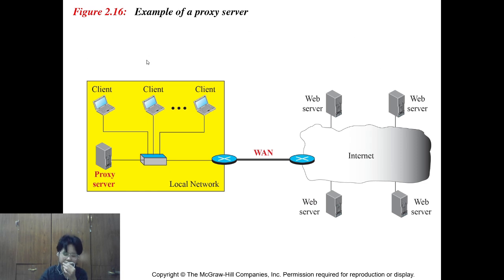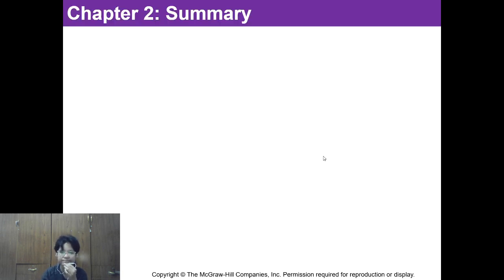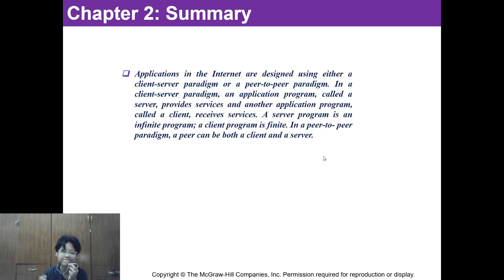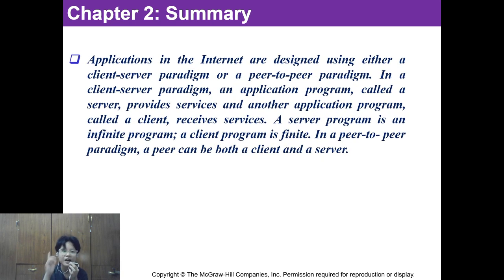We have a client, we have a web server, and the browser connects by WAN. In summary, applications in the internet are designed using either a client-server program or a peer-to-peer program.